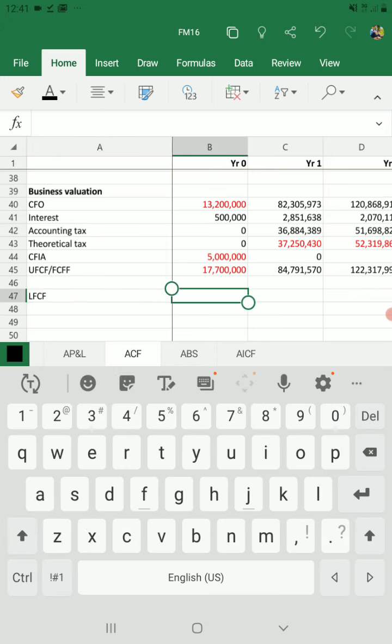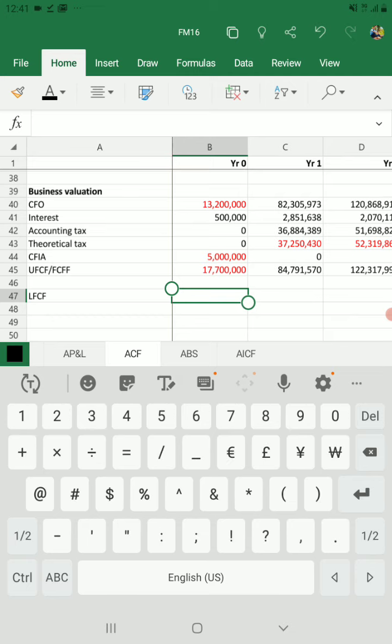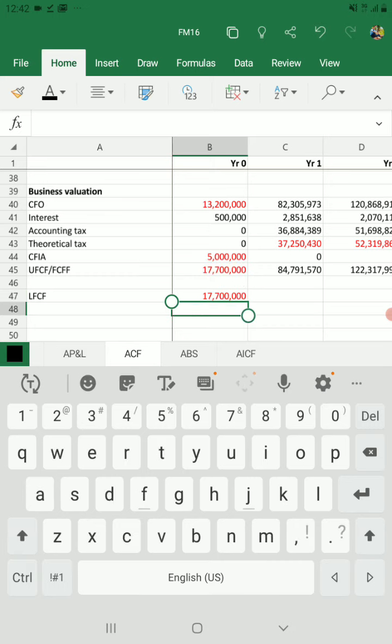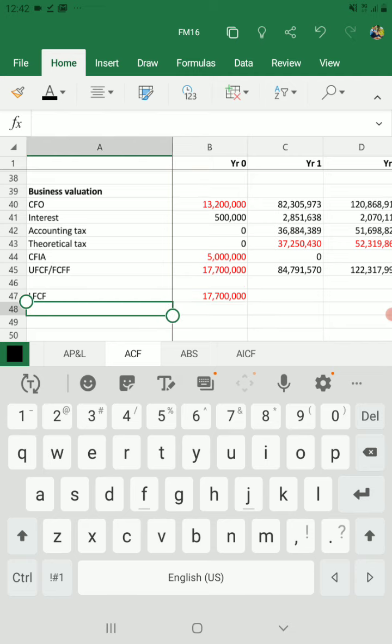Okay, so if we start with our unlevered free cash flow figure, then we will have to remove the interest component.